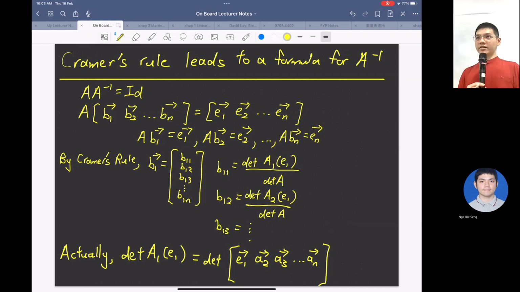If you use cofactor expansion, what do you get?